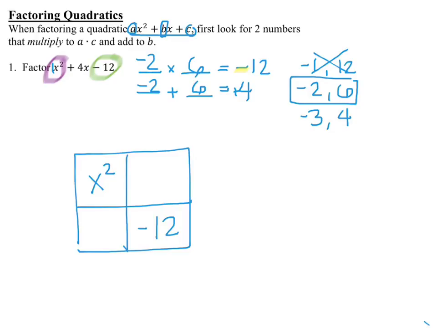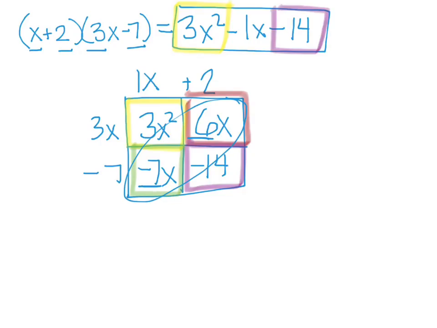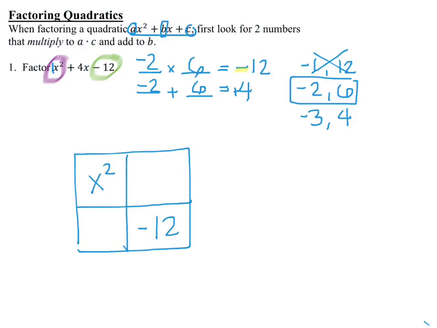But for my other two spots, if you remember, the negative 1 on the previous question was what I got when I added together the 6 and the negative 7. In this question, the 4 is what I get when I add together the negative 2 and the 6. So I'm going to put a negative 2x in one box and a 6x in another.